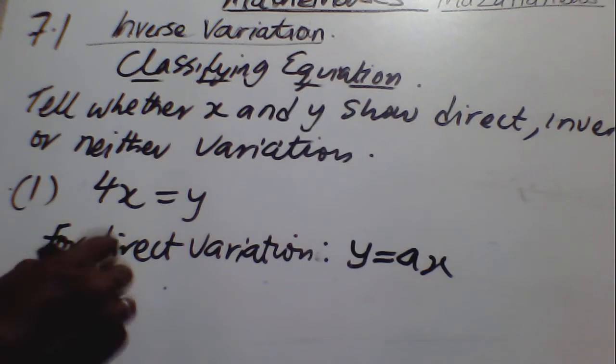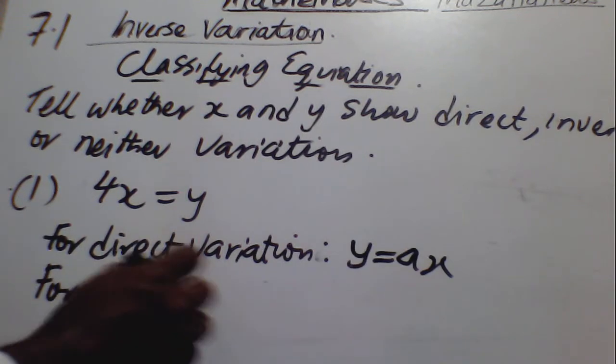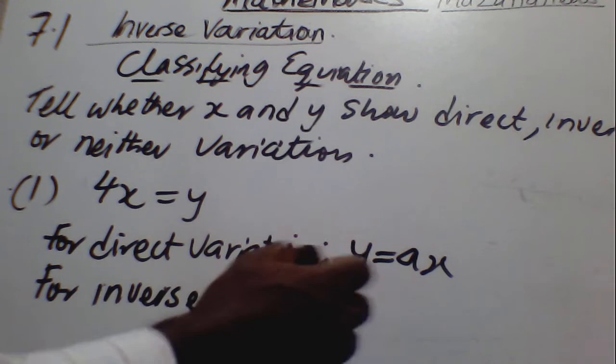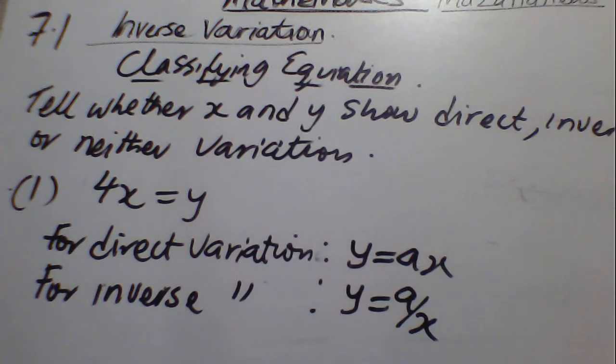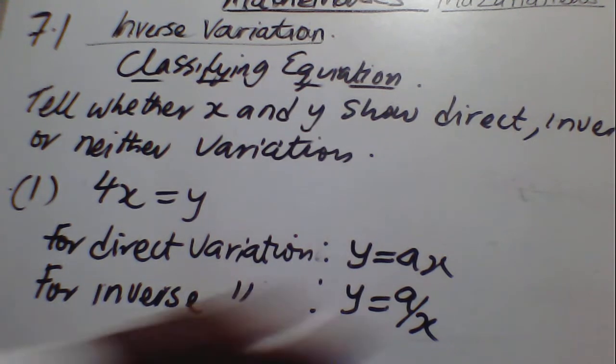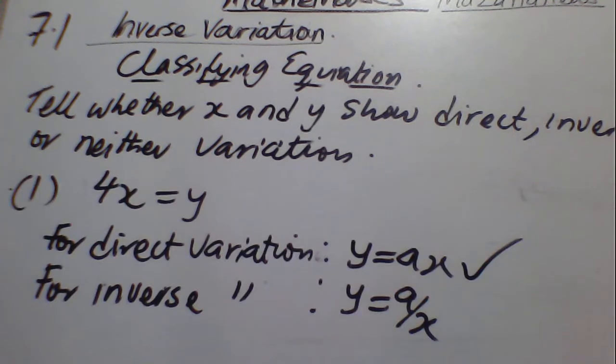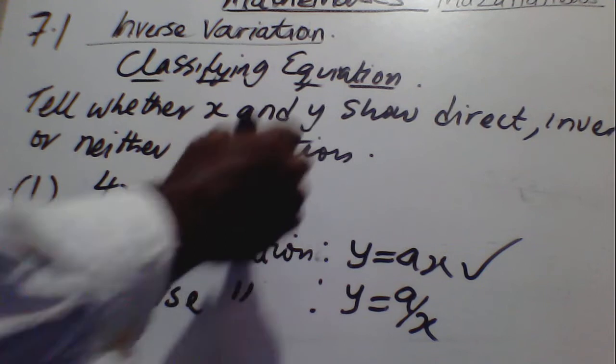For inverse variation, we have y equals a over x. Looking at these two, you will see that this is direct variation. So for x equals y, it is direct variation.